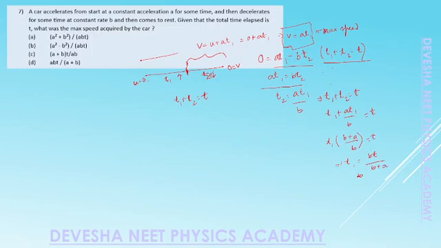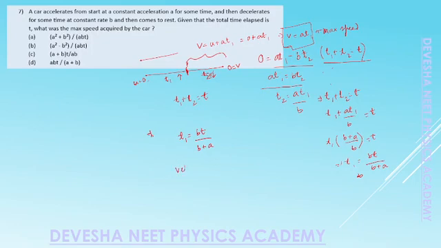So now we need to find what is the maximum velocity here, right? We have t1 is equal to b t by (b plus a). So what is the velocity going to be?